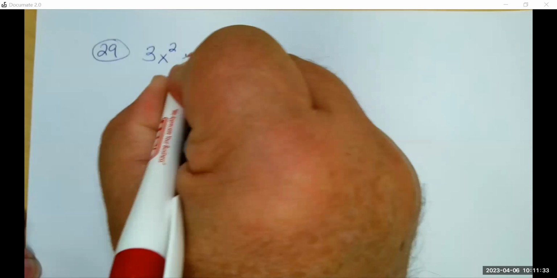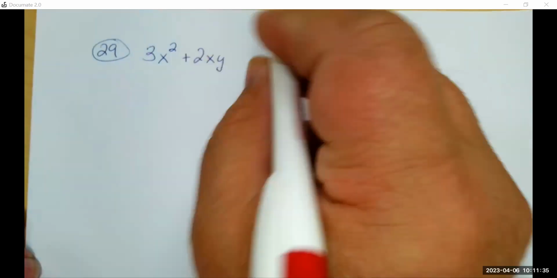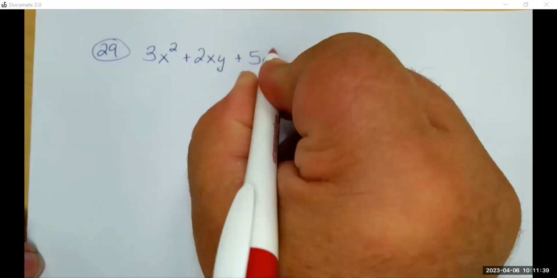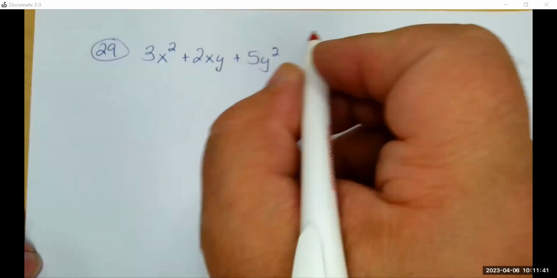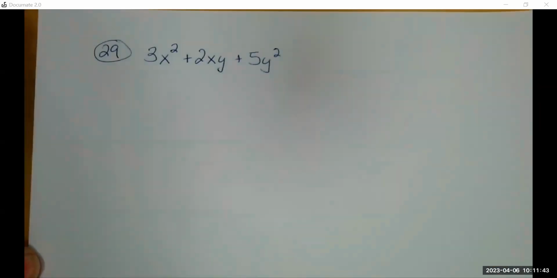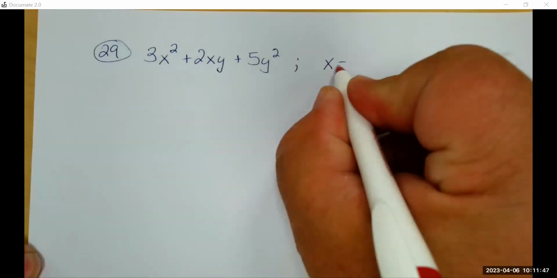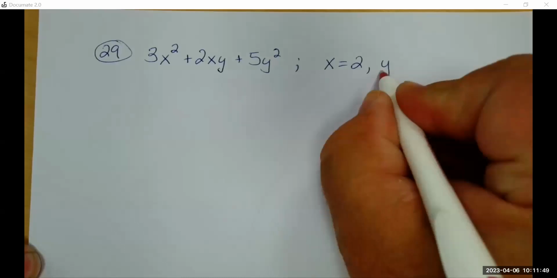3x squared plus 2xy plus 5y squared. Number 29. When x equals 2 and y equals 3.